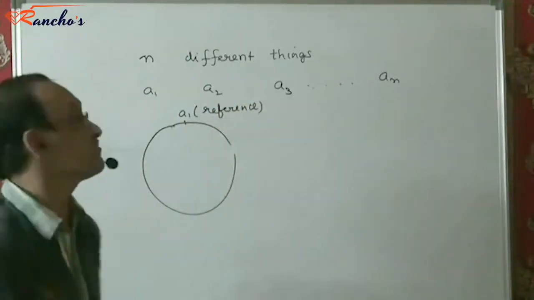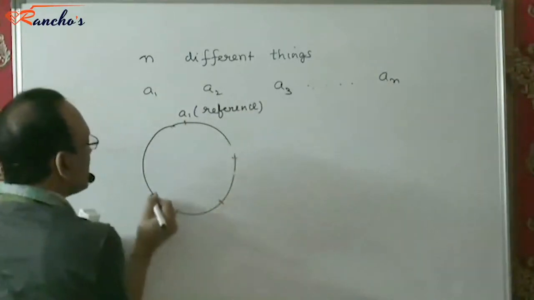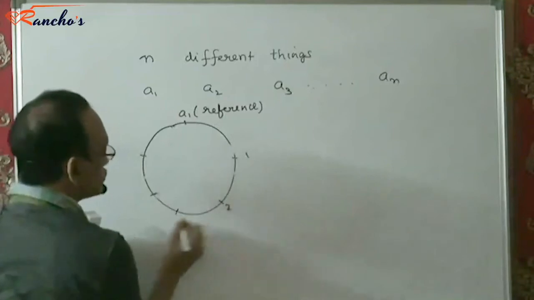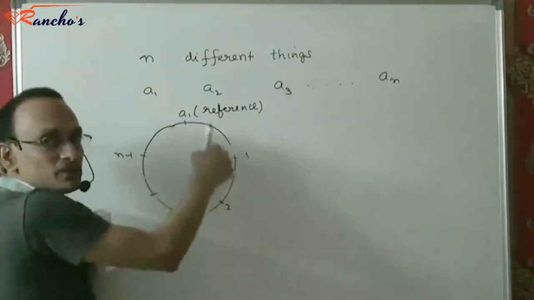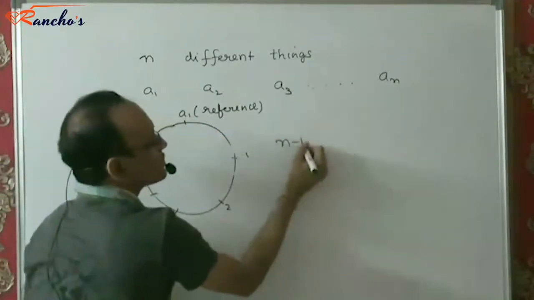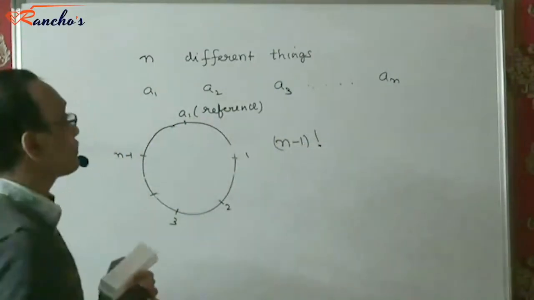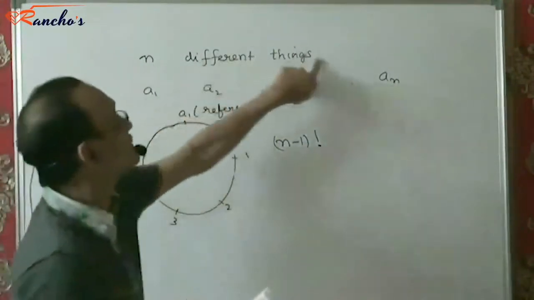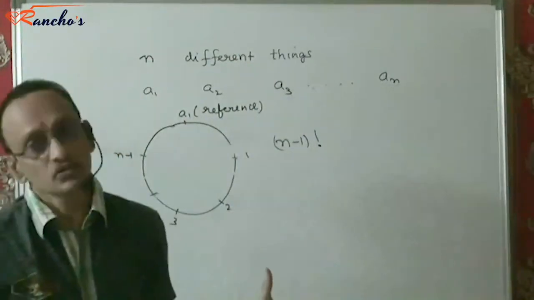And if one of them is a reference point, then the remaining n minus 1 things can be placed in the remaining n minus 1 spaces given this reference point in n minus 1 factorial ways. Which means if there are n different things to be arranged in a circle, then there are n minus 1 factorial ways of doing that.